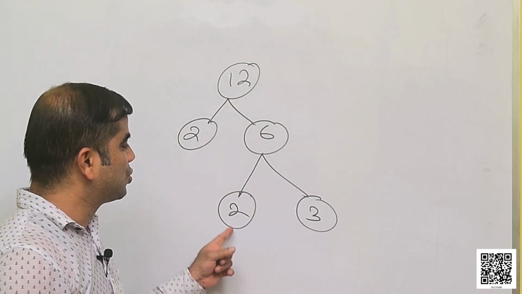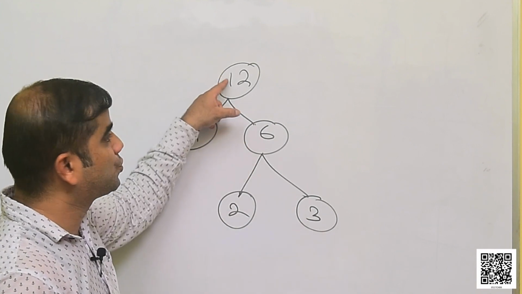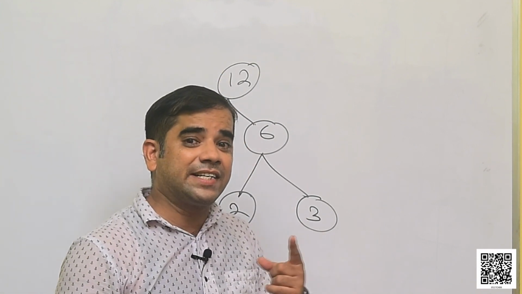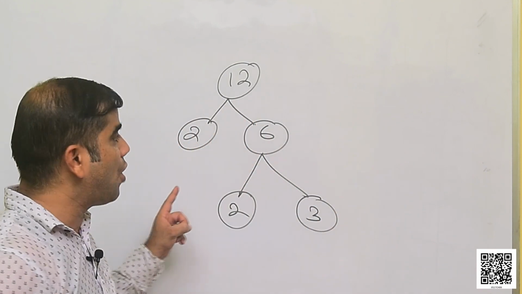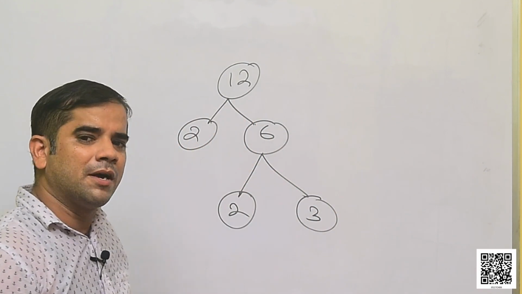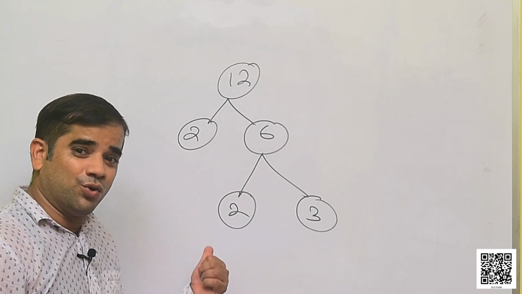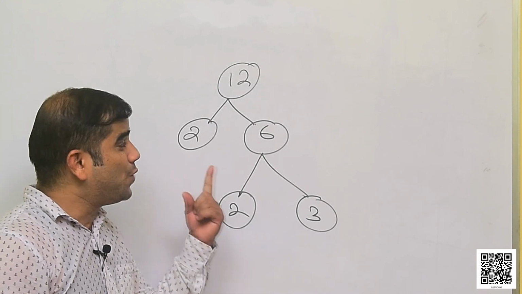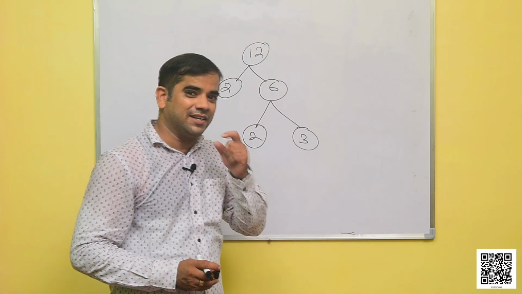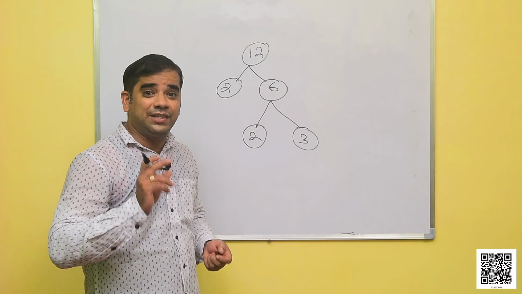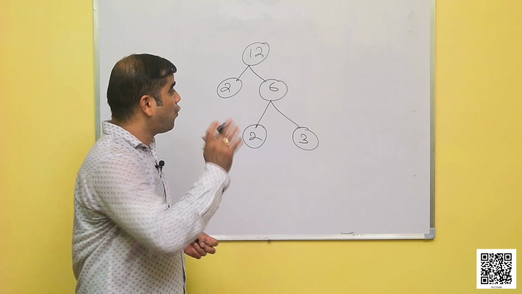So 1, 2, 3, 6, 12, these are the factors of 12, and 12 is a multiple of these numbers. But is it true? Whether we are missing something? Whether 12 lies in any other number? Yes, it also lies with 4. It is in the 4's table.